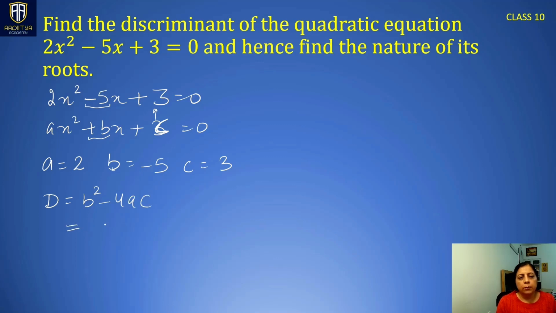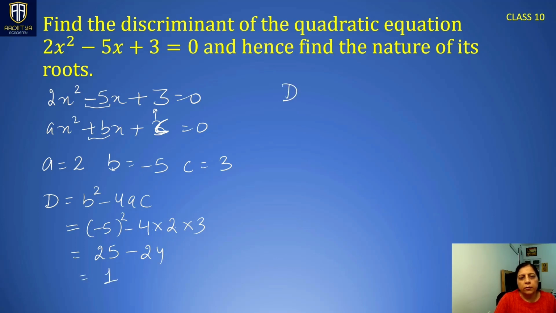Now b square minus 4ac, b is minus 5 square, minus 4 into a is 2 and c is 3. So this becomes 25 minus 4 3s are 12, 12 2s are 24, so 25 minus 24.